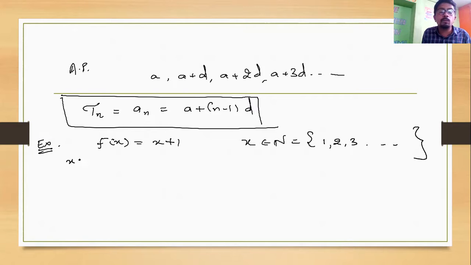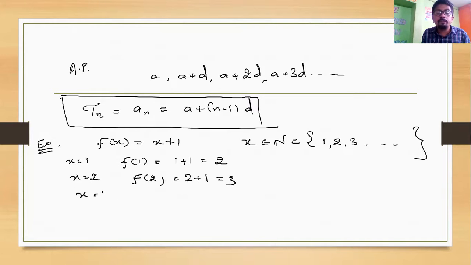Let us take x equal to 1 first. So f of 1 is equal to 1 plus 1, which is 2. This 2 is my first term. If I take x equal to 2, f of 2 is 2 plus 1, which is 3. For x equal to 3, f of 3 is 3 plus 1, which is 4.